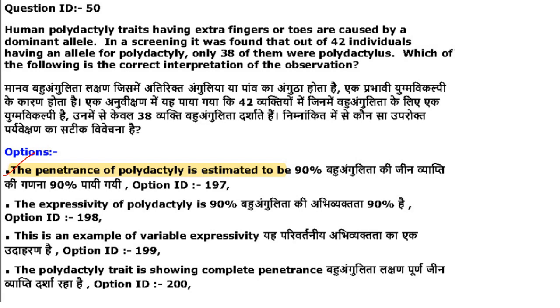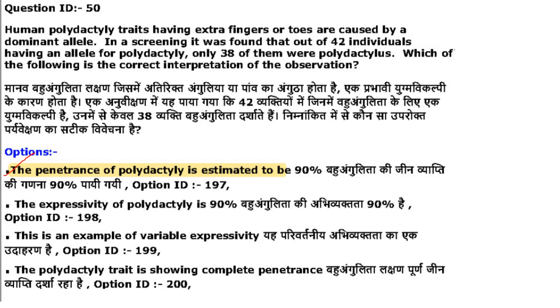So this is a case of penetrance. Out of 42 individuals, 38 were polydactylous. So 38 by 42 into 100, you will get around 90%. So the penetrance of polydactyly is estimated to be 90%.